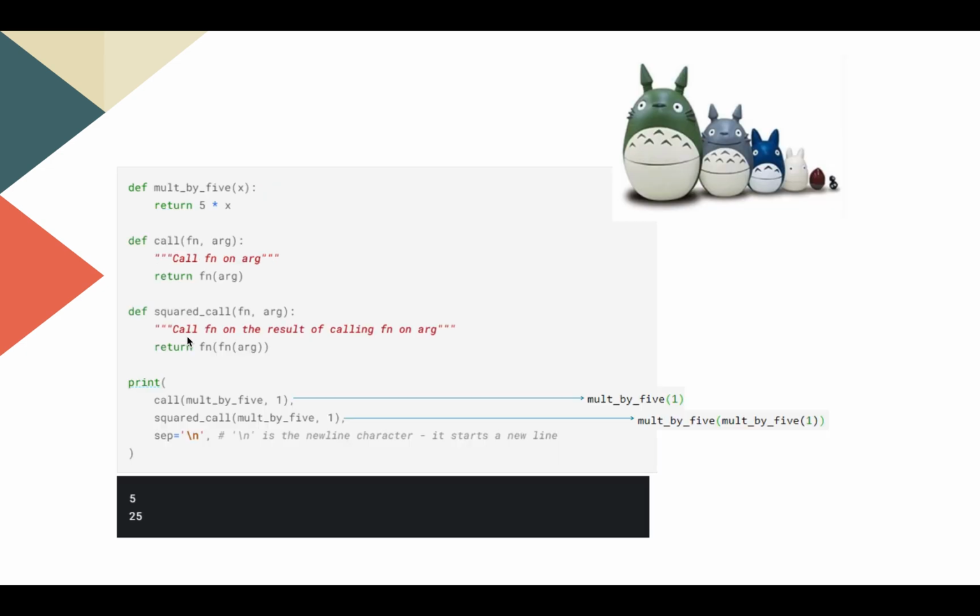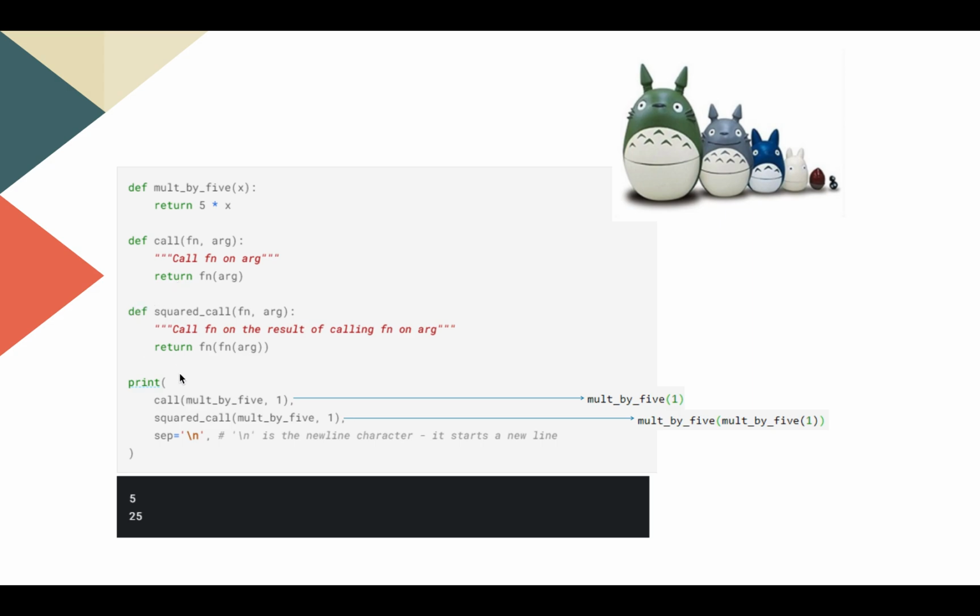Finally, for this chapter, we'll see how functions work inside other functions. We can see that the call function takes in two variables, fn and arg, which stand for function and argument, and squared call as well, a function and argument. The call function applies the input function onto the argument, whereas squared call applies the function 2 times on a given argument.